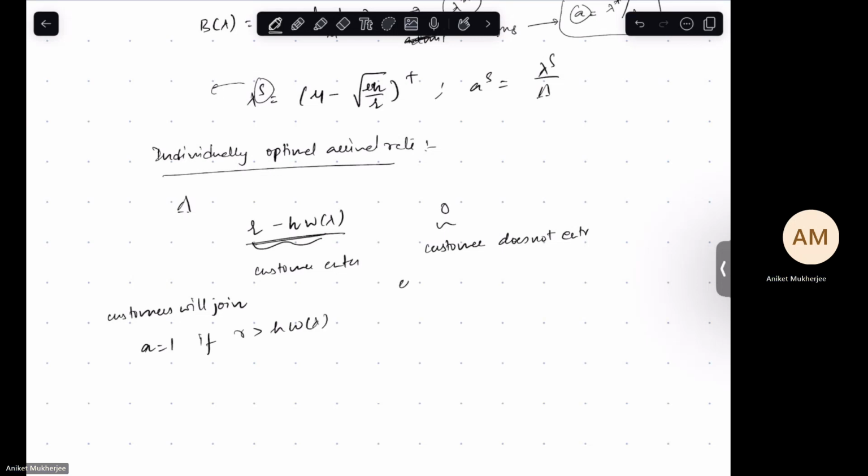All the customers will join. And customers will not join, that is A equal to 0, if R is less than H W. If R is equal to H W(lambda), then it doesn't matter. Both would get the same cost, so any probability distribution would work fine.